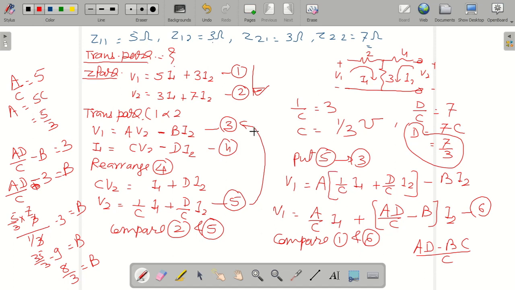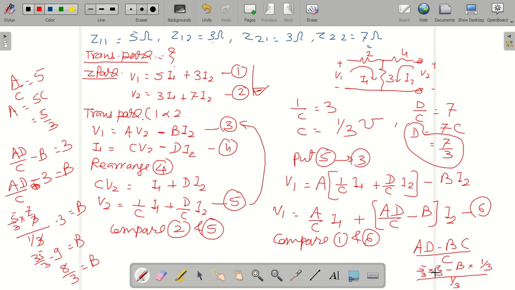A is 5 by 3 into D, the value of D is 7 by 3, minus B. We have to find B. C is 1 by 3 upon 1 by 3.